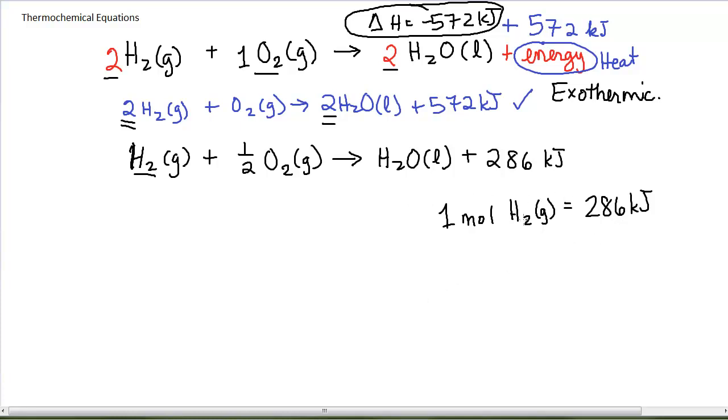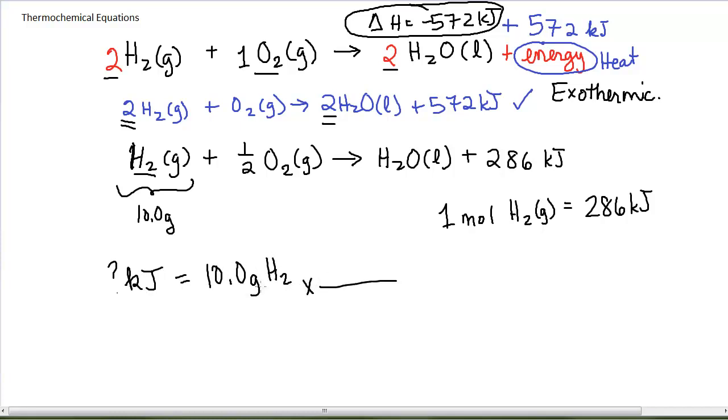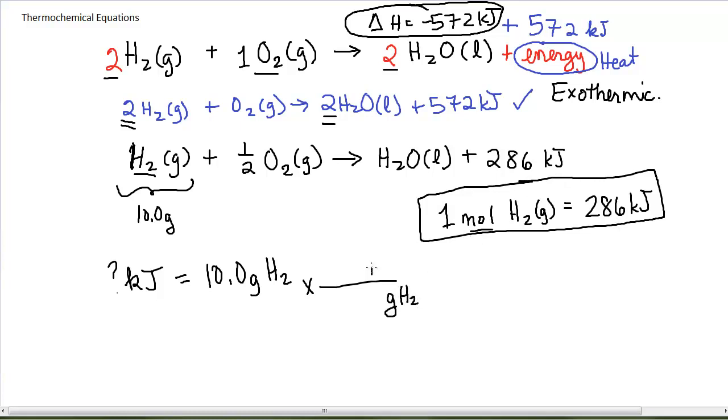So I could use that as a stoichiometric relationship. For example, if I wanted to know, well, if I have 10 grams of hydrogen, how much heat is going to be released? How many kilojoules would be released from 10 grams of hydrogen? In order to get to kilojoules, I can use this relationship between hydrogen and kilojoules, but it's in moles, so the first thing I'll have to do is go to moles.